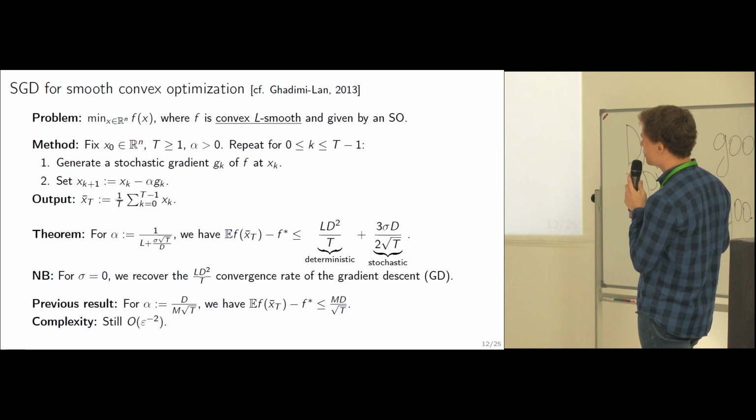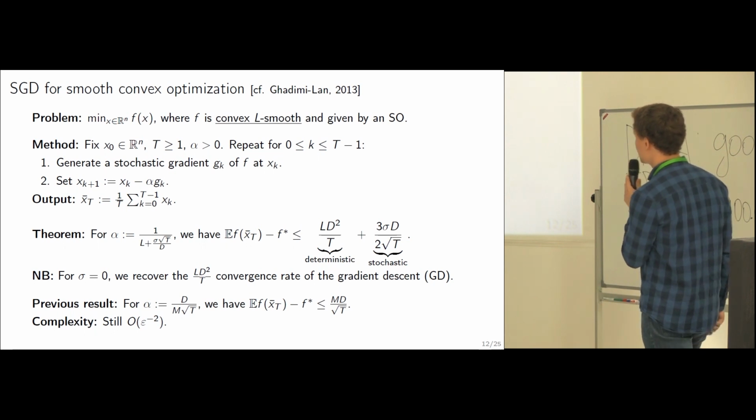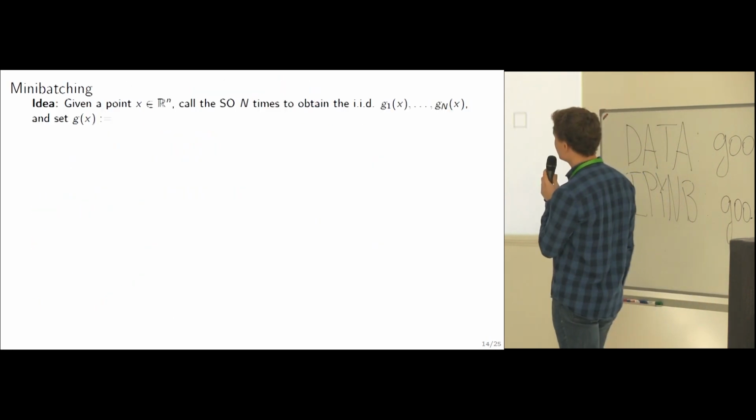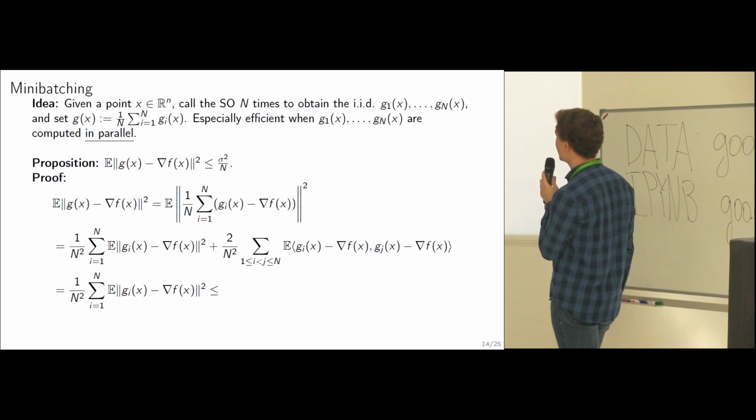Because we have this term, we cannot be faster than this, and so again, n should not be very large.